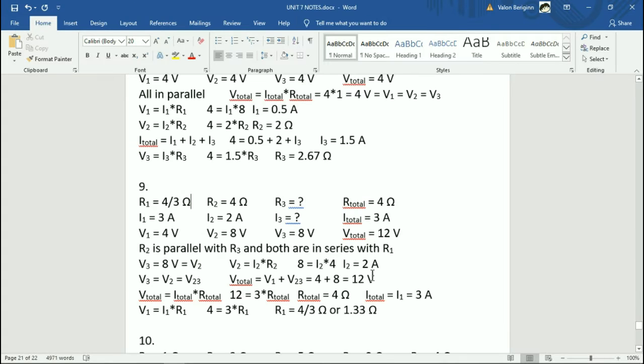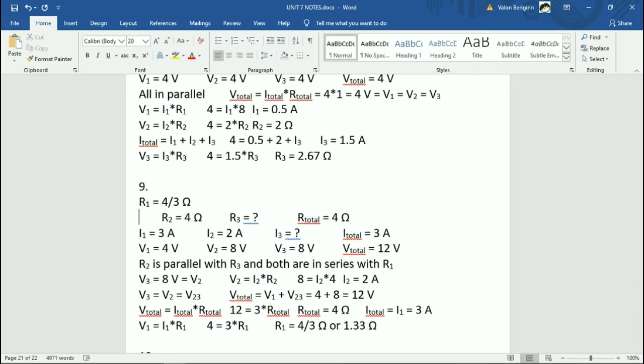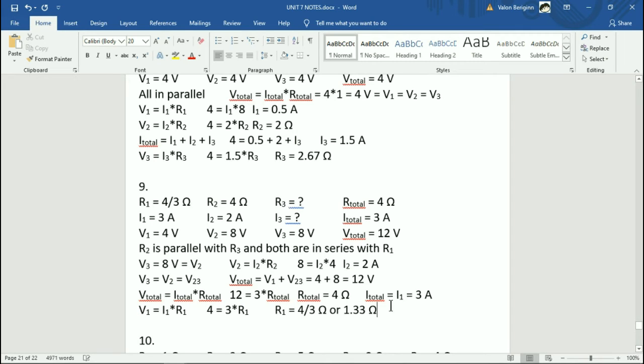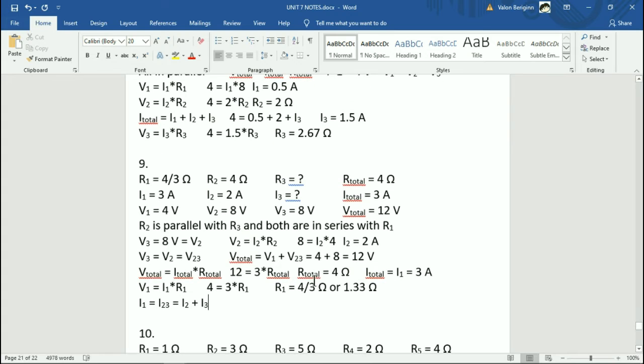So in other words, I1 equals I23 because they're in series. And I23 is just I2 plus I3 because they're in parallel. So we have 3 for I1 equals 2 for I2 plus I3, which is 1 amp.